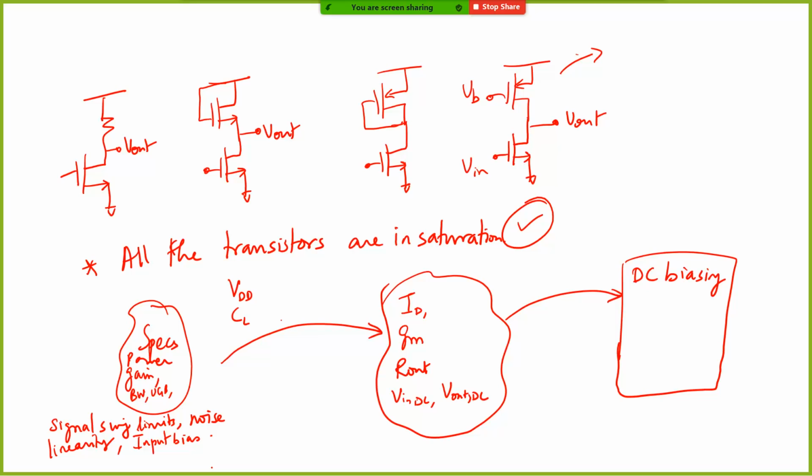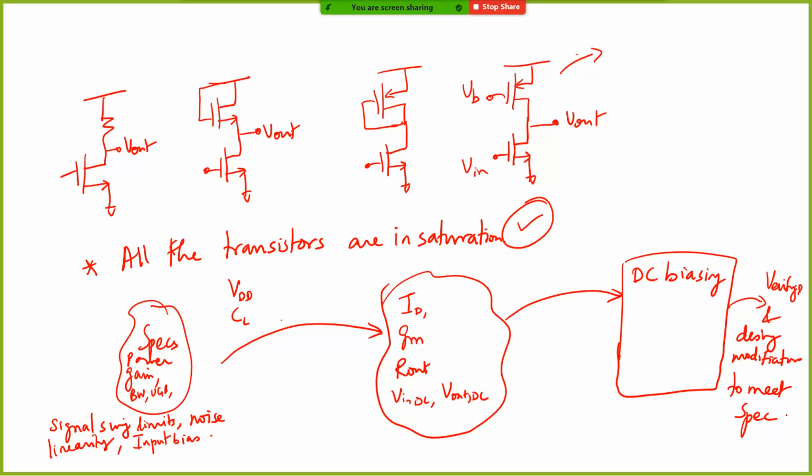Okay, so from there you go into actual DC biasing, and then you go for your verification and design modifications to meet spec. Okay, all right.